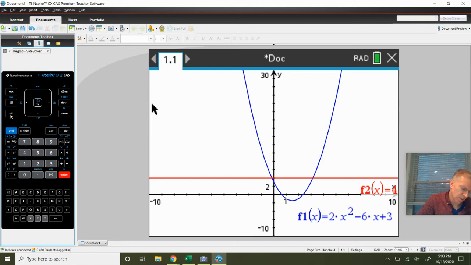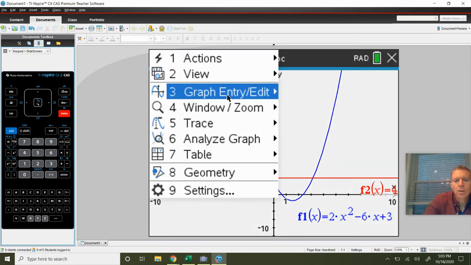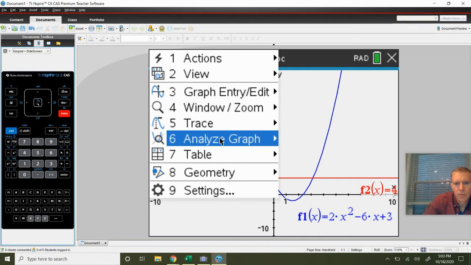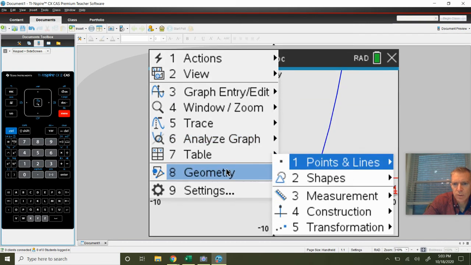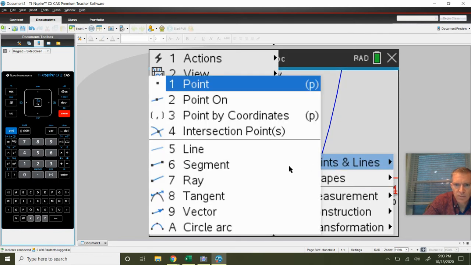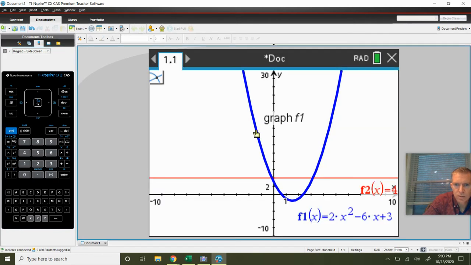Let's see, it looks like we may have done something wrong. But let's see. Let's do menu. We can do analyze graph, or we could do geometry. Let's do geometry to find our points and lines. Then we can find intersection points.